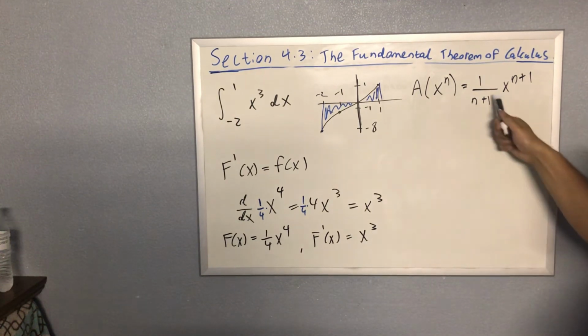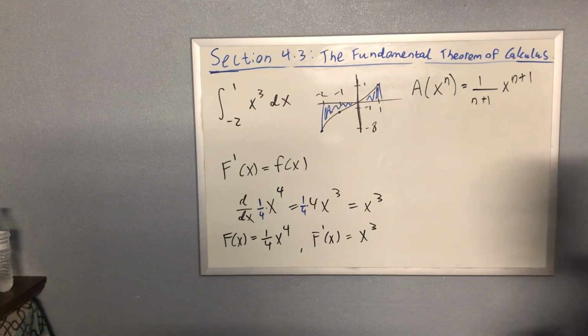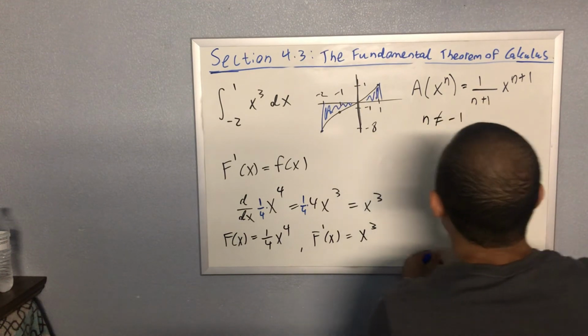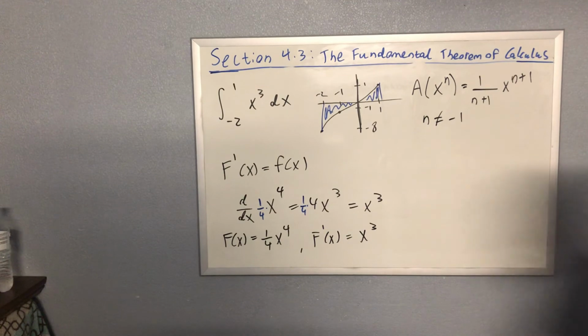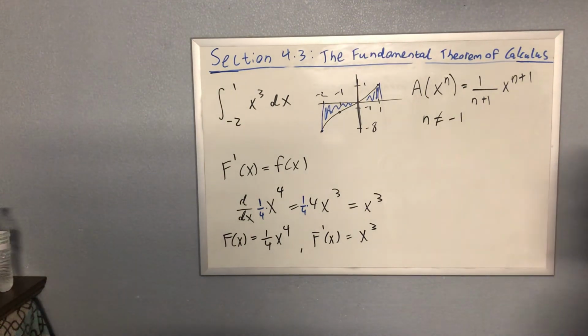So 3 plus 1, that's the 1/4. x to the 3 plus 1, that's x to the 4th. There's one caveat, n cannot be -1, or else we'll be dividing by 0. And we'll talk about the extremely, extremely important scenario when n is -1 later. But for now, this is what we have.